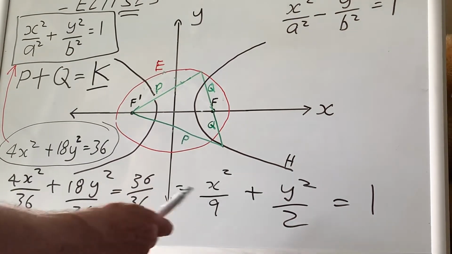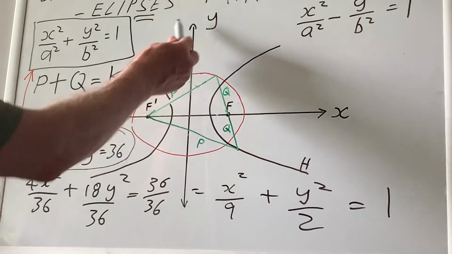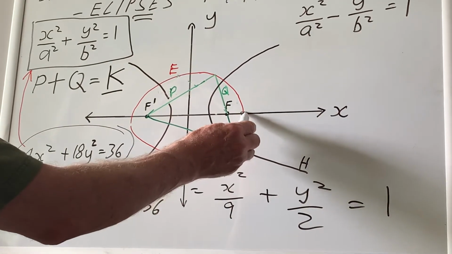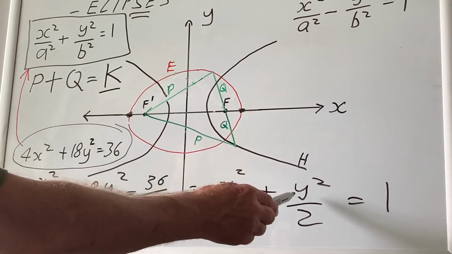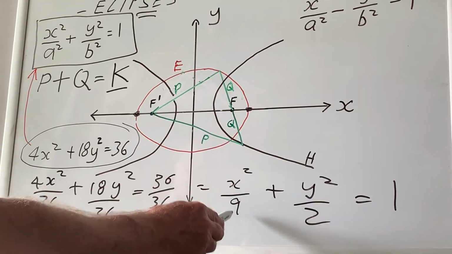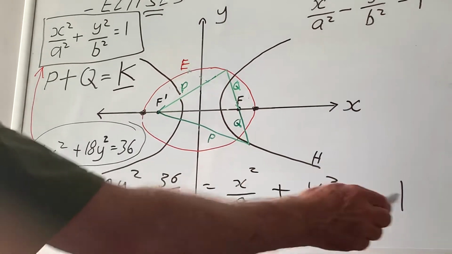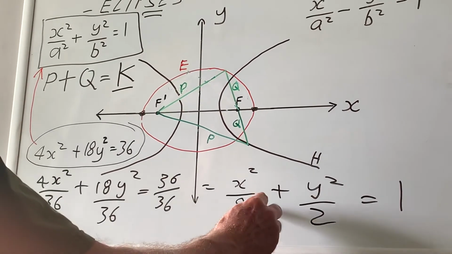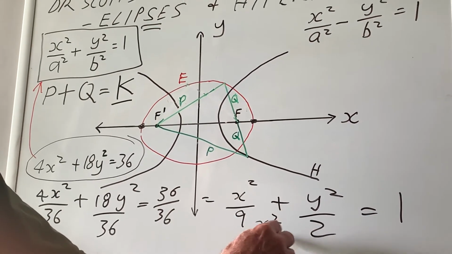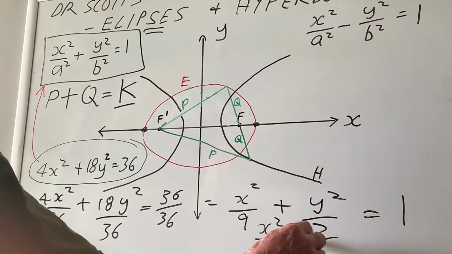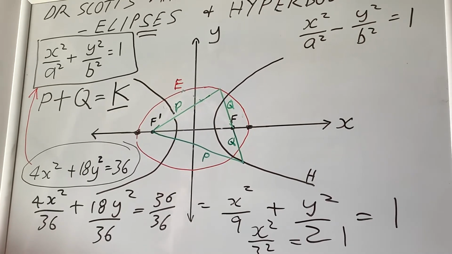Let me ask you something. What if y equals 0 in this equation? Well, when y equals 0, you've got this point, but you've also got this point. And if y equals 0, you can ignore the y term, so x squared on 9 equals 1. In other words, x squared on 3 squared equals 1.